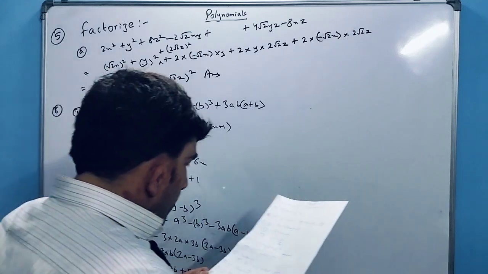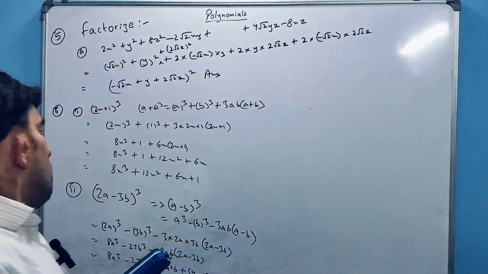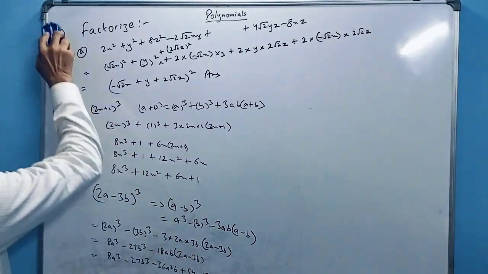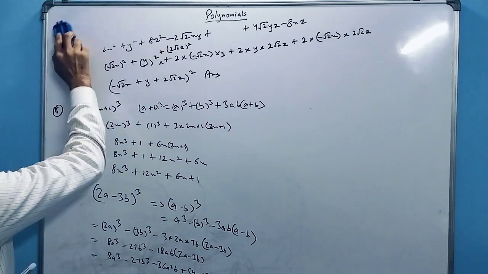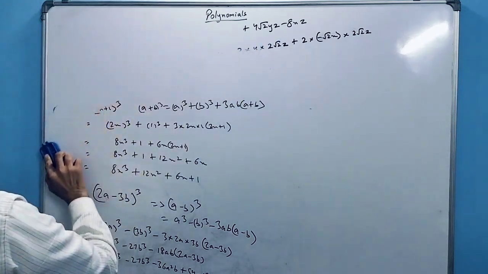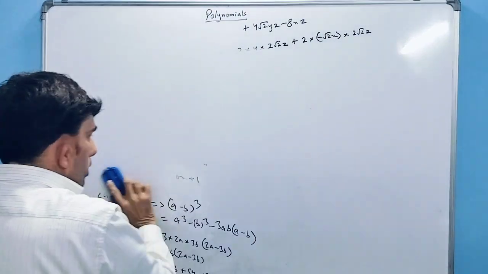So now let us move to solve more numericals so that we easily memorize and summarize the identities, because without identities we can't solve such kind of numericals.